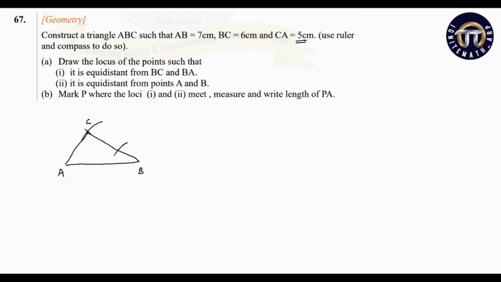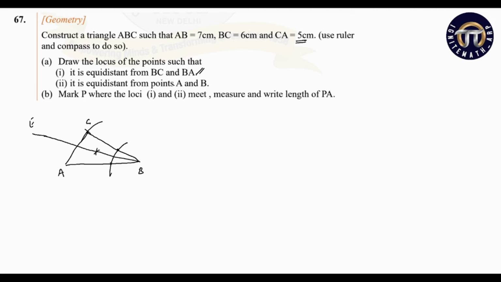To draw that, I'll keep the sharp edge of the compass on B and draw one arc, then keep the sharp edge over here and draw one more arc like this. So this will be the angular bisector of B. The required locus of the point lies anywhere on the line BE.